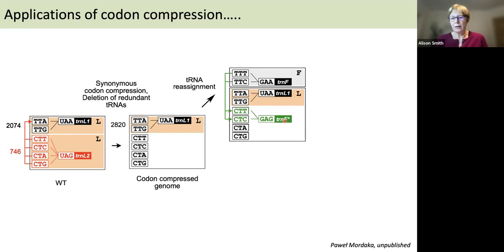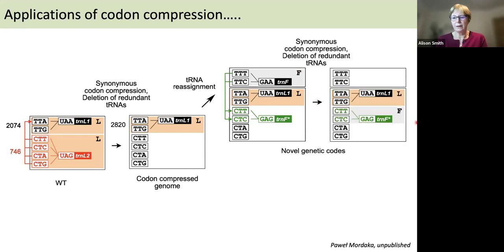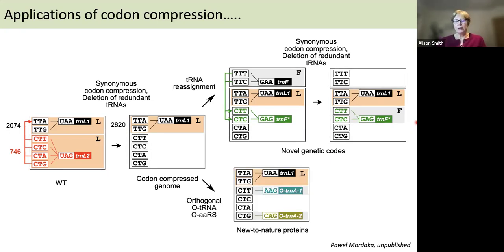And then we would actually remove this set of codons, so we could compress further, and then delete our redundant tRNAs. But in addition, we can then introduce these tRNAs along with their aminoacyl-tRNA synthetases, which accept non-canonical amino acids.